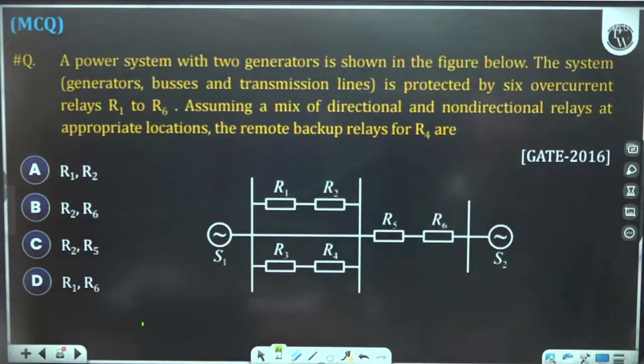A power system with 2 generators is shown in the figure. The generator bus and transmission line are protected by 6 overcurrent relays. Assuming a mix of directional and non-directional relays at appropriate locations, identify the remote backup relay for R4.